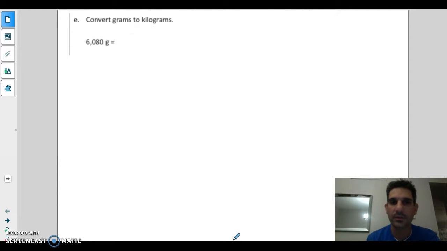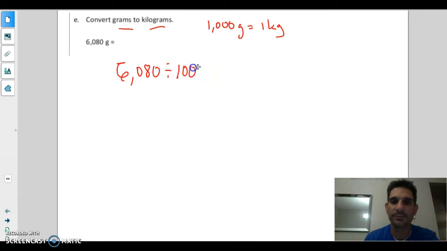All right. So it says convert grams to kilograms. There's 1,000 grams in 1 kilogram. So what we're going to basically do is divide. So we're going to do 6,080 divided by 1,000. And remember your place value chart.